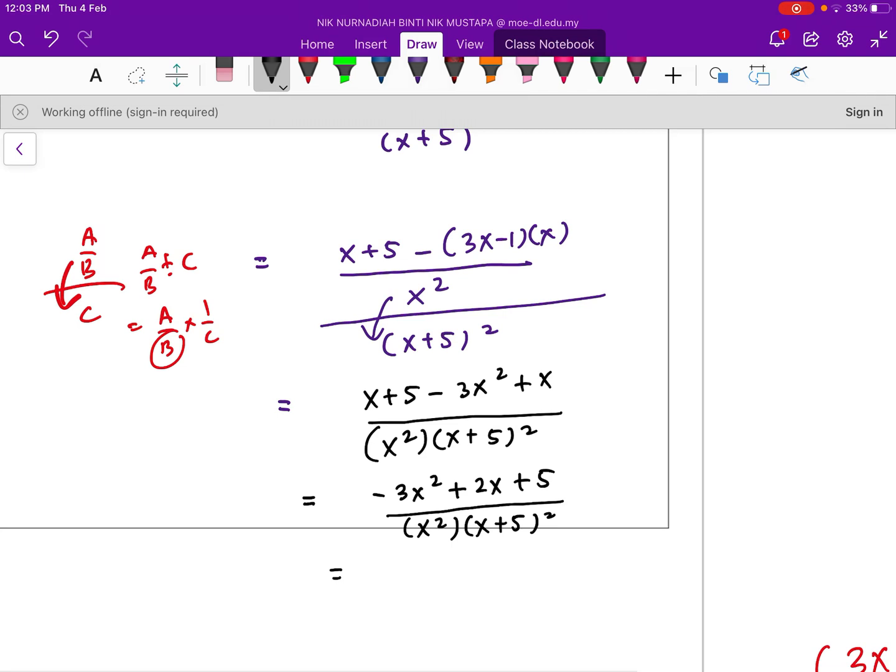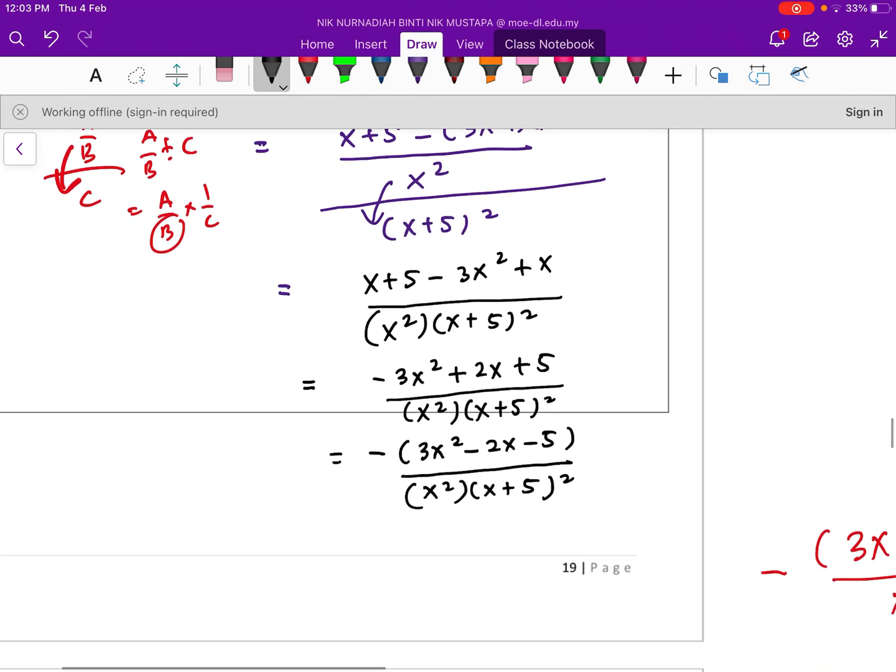Tapi untuk memfaktorkan guna calculator, the coefficient of x square must be positive. So, dalam kes ni, the coefficient is negative. So, we bring out the negative outside. So, negative 3x square minus 2x minus 5 over x square times x plus 5 square.